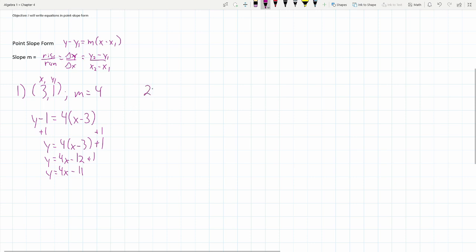Let's look at number 2, and we won't do all this extra stuff this next time. I'm just going to put extra, get to slope intercept.